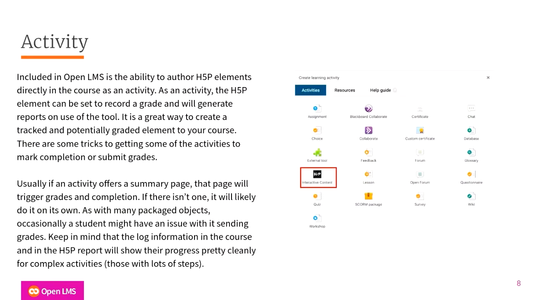Let's talk about the activity behavior. This is the way it's been inside of OpenLMS all along, as an activity. You could embed as well, and that was certainly doable. It took a little bit of effort to embed content because you had to build it somewhere, host it somewhere, and then embed it from that place.